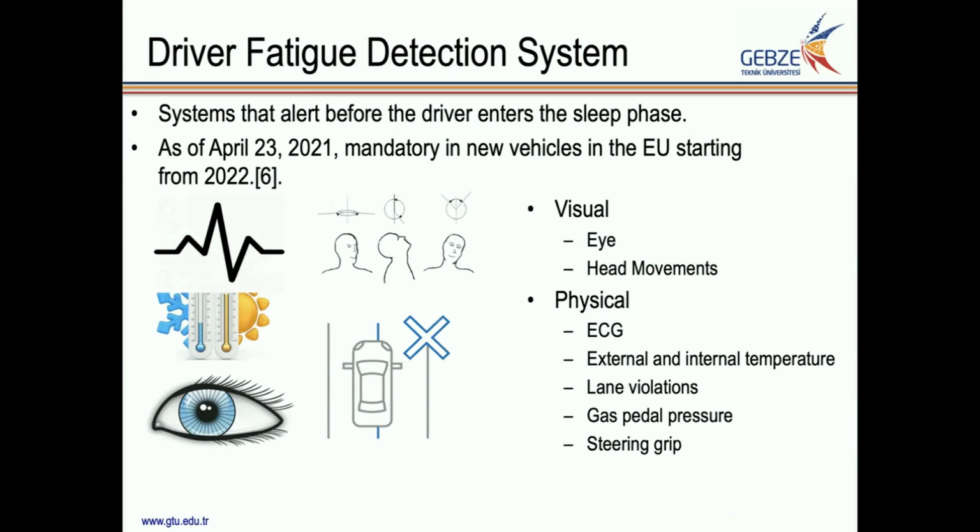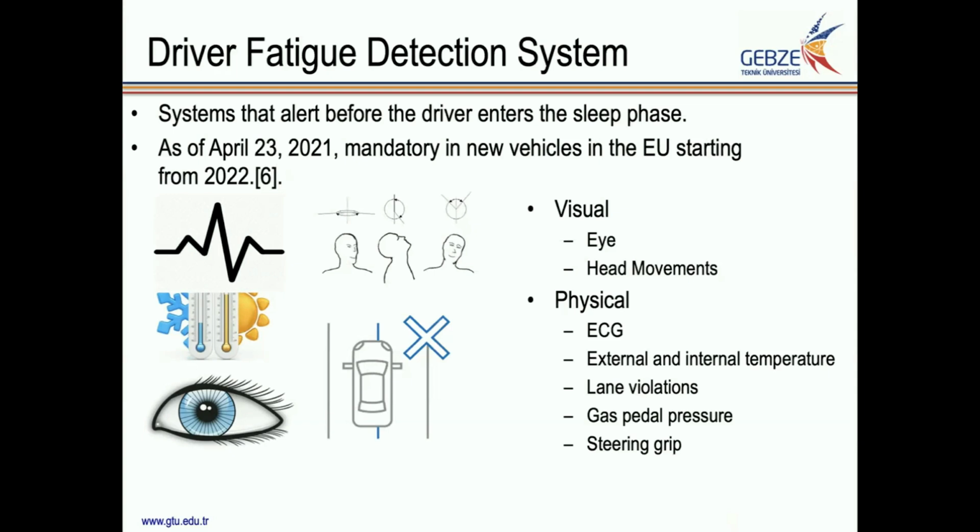Of course the regulation just requires having a driver detection system, but the cars may use different kinds of sensors. About the sensors, there are no regulations, but the system has to be proven that it is detecting drowsy drivers.